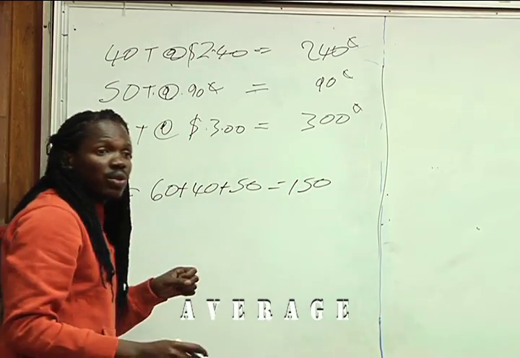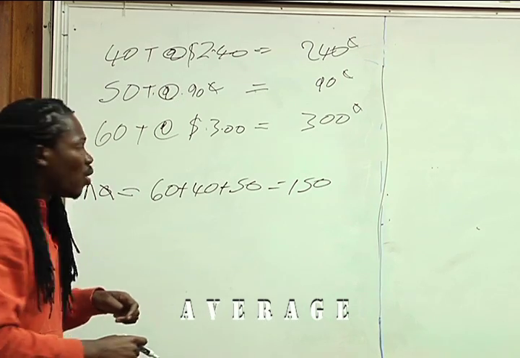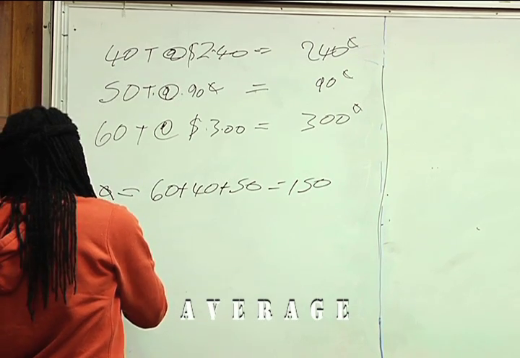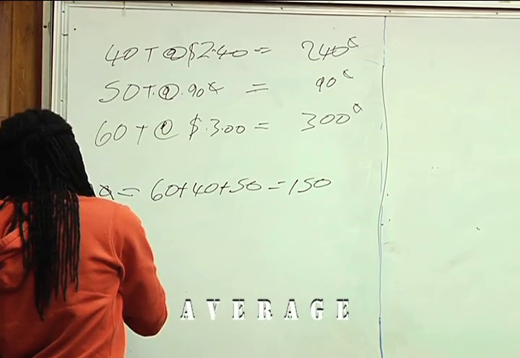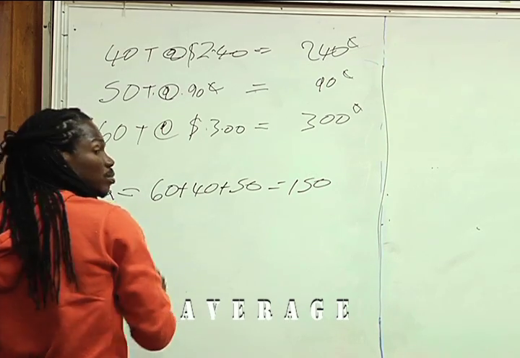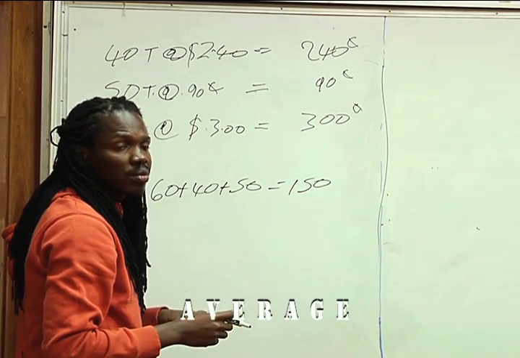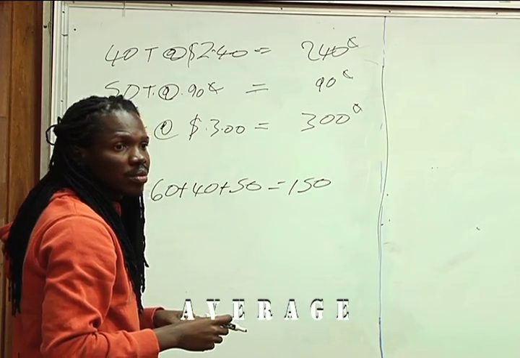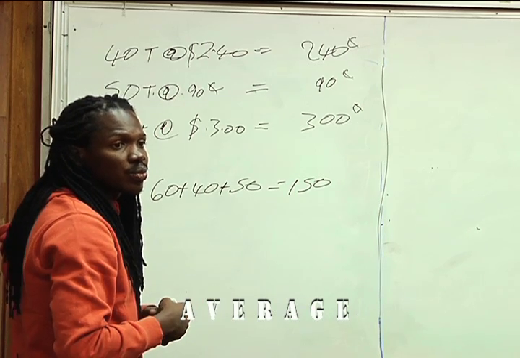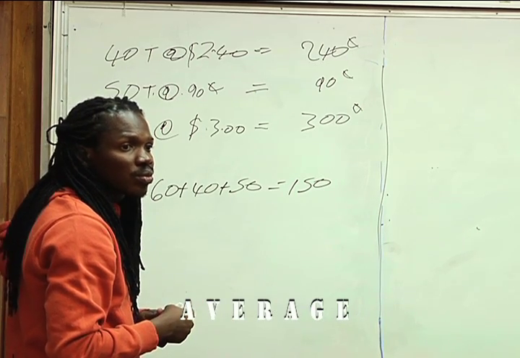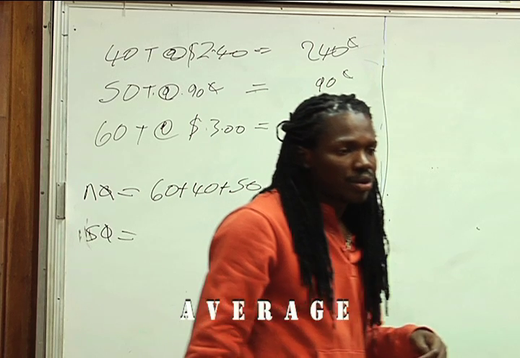So NQ equals 150. What's SQ? 40 over 240. No.